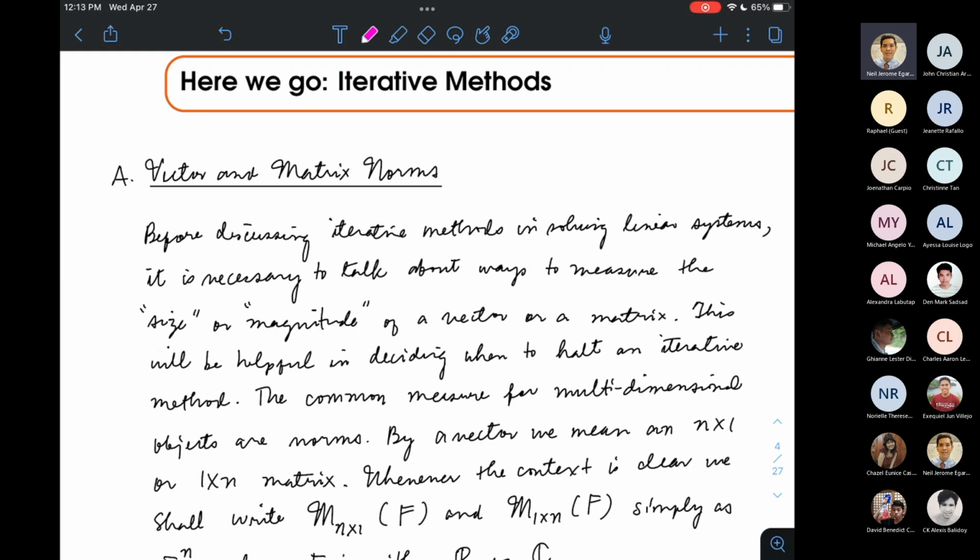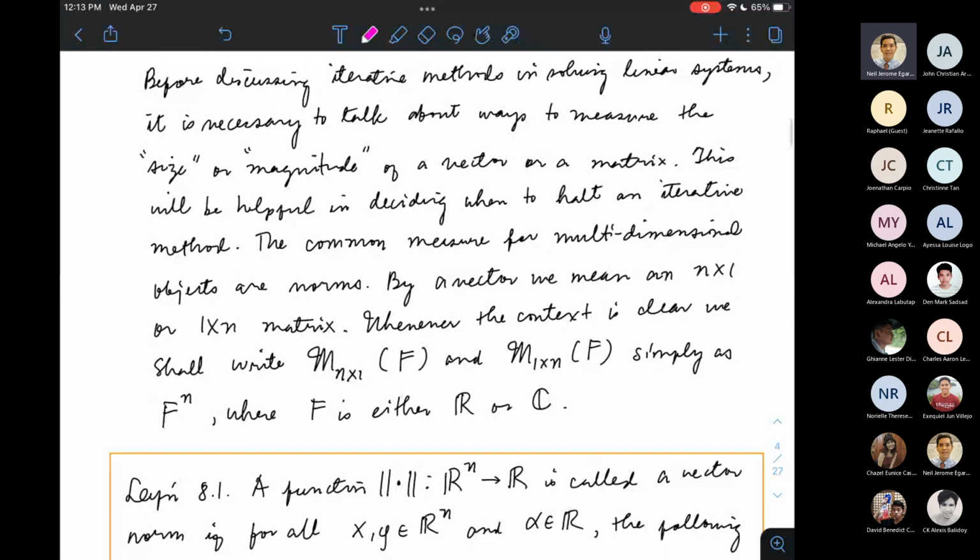But for our discussion, I will just consider or I will just use vectors to pertain to n by 1 or 1 by n matrices over a field. All right? Pero yung field natin gagamitin ay either set of real numbers or complex numbers lamang.